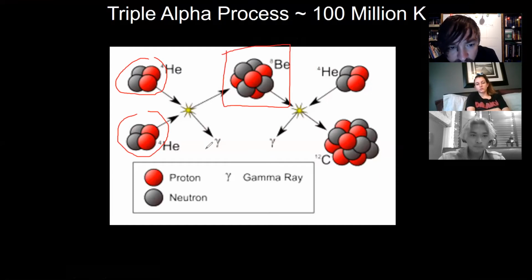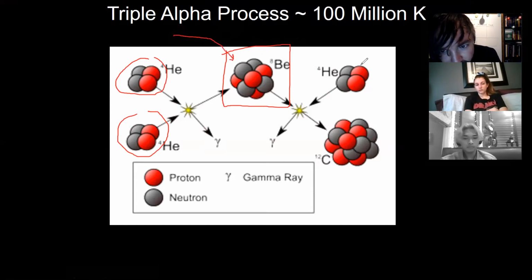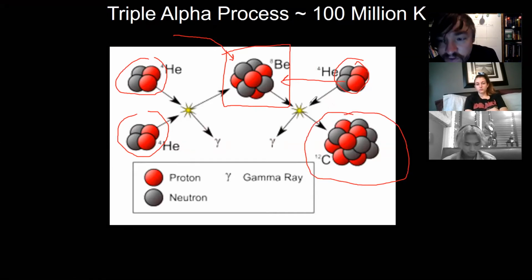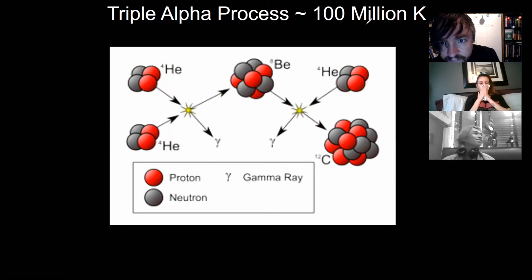Beryllium-8, which has 4 protons and 4 neutrons, is an unstable nucleus. It's kind of weird. It has equal numbers of protons and neutrons, but it's unstable. And then the beryllium-8 is quickly whacked by another helium before it can disintegrate, and it then forms the stable carbon-12 nucleus. That means the net reaction for the triple alpha process goes something like this.